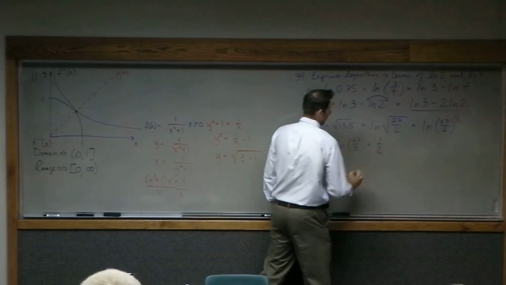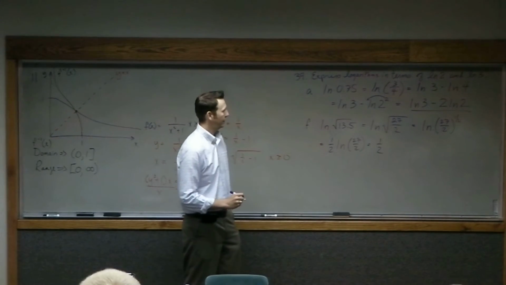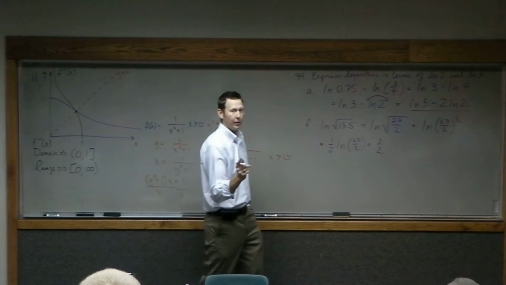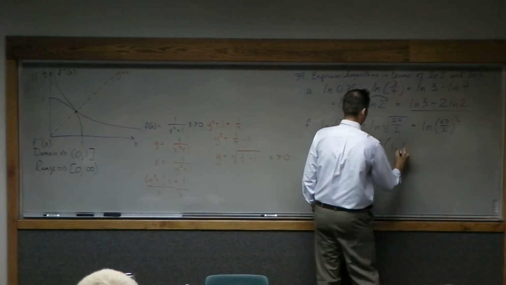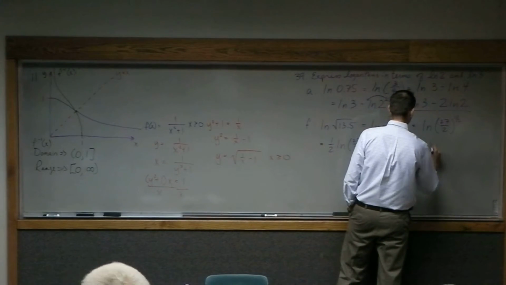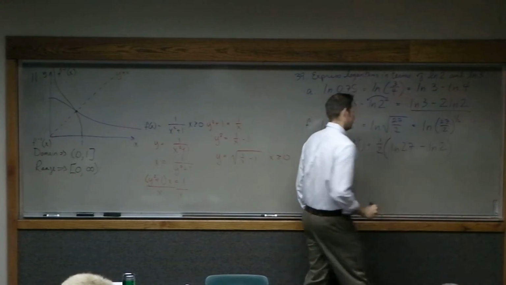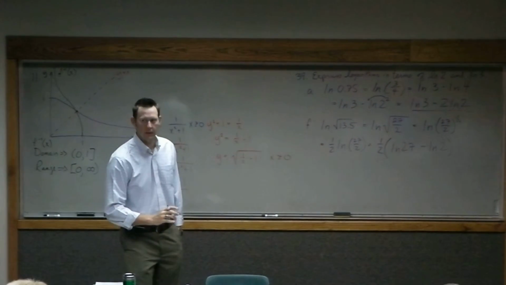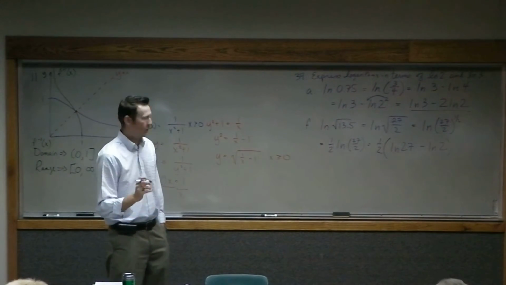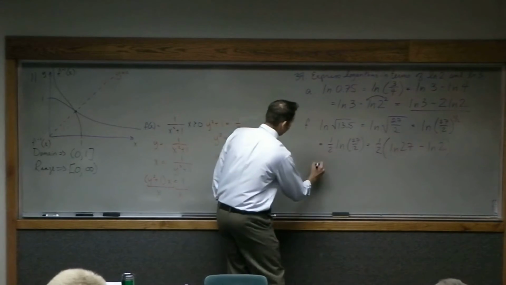So that's what it's trying to say. Yeah, it's on both of them. So we've got to put parentheses here: 1/2 times natural log of 27 minus natural log of 2. 27 is 3 to the 3rd power.